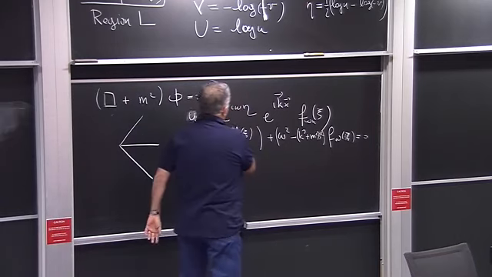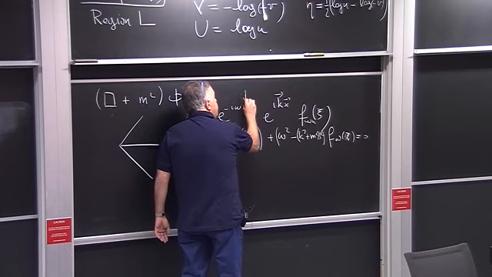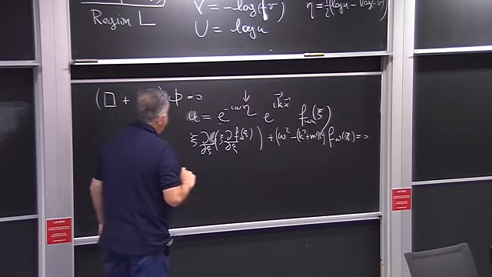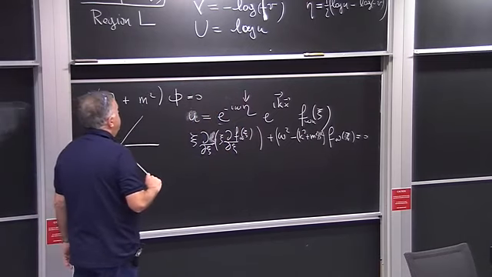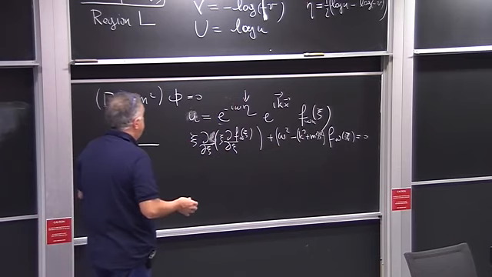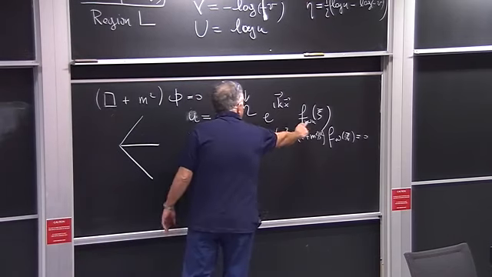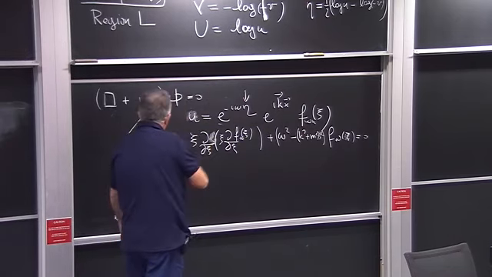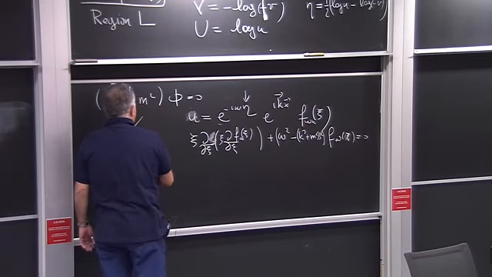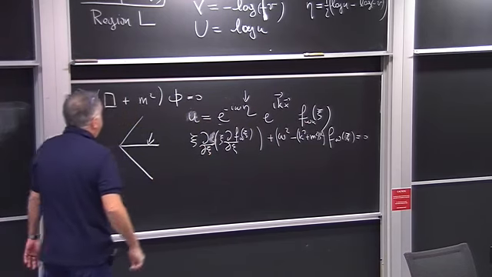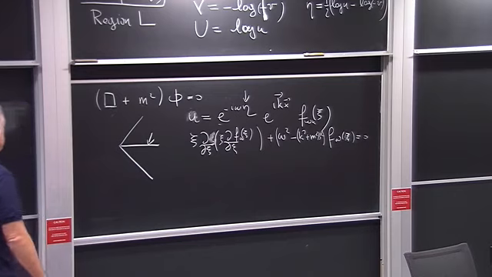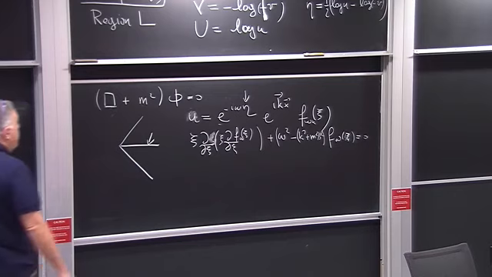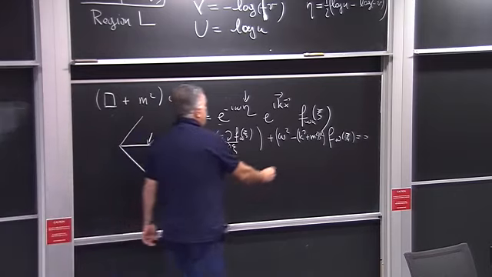We choose positive frequency with respect to the Rindler time and separate the variables in the obvious way, we get the Bessel differential equation, and then you have to use the recipe of canonical quantization to normalize the function f.